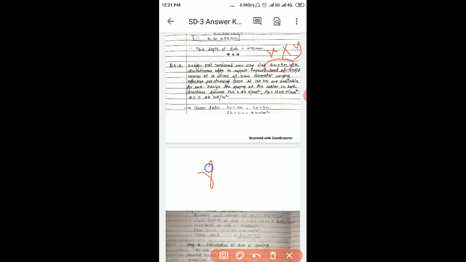So the first dimension is always x into y. Don't get confused, some students still don't know this meaning of dimensions. The first one is lx, another one is ly, so lx and ly are given as 6 and 9.